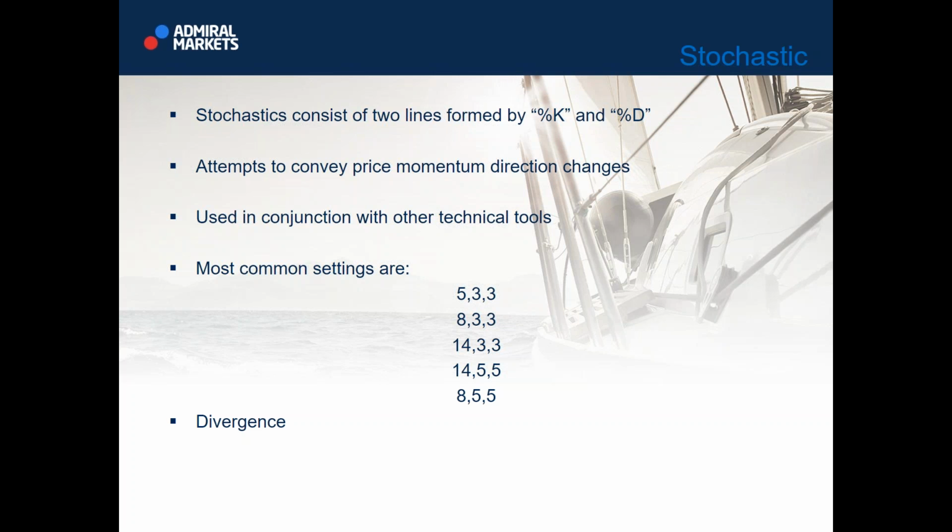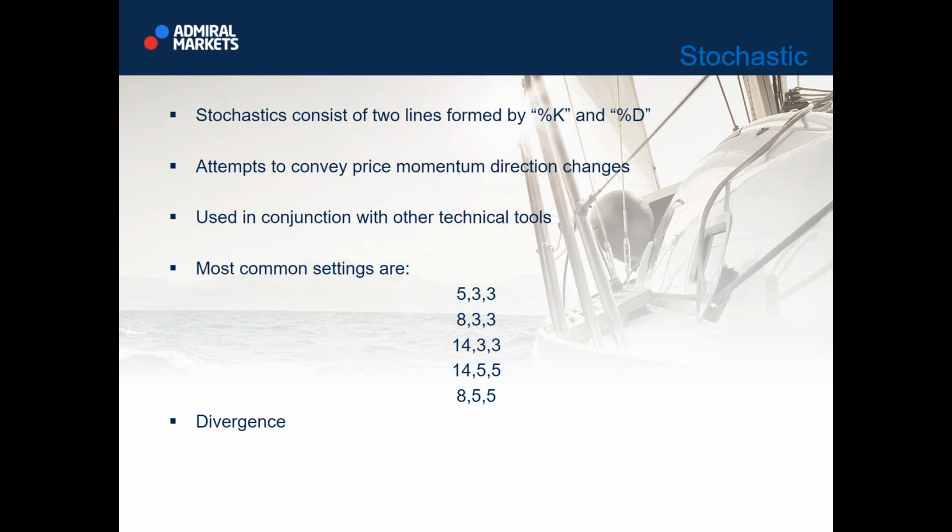So we need to see how stochastics are used at both higher and lower time frames. My personal favorite so far is 14-3-3. But as I say, there are also other good usages of a stochastic indicator, 5-3-3, which I think is too fast. So 14-3-3 might be the best way to use stochastic in my opinion.